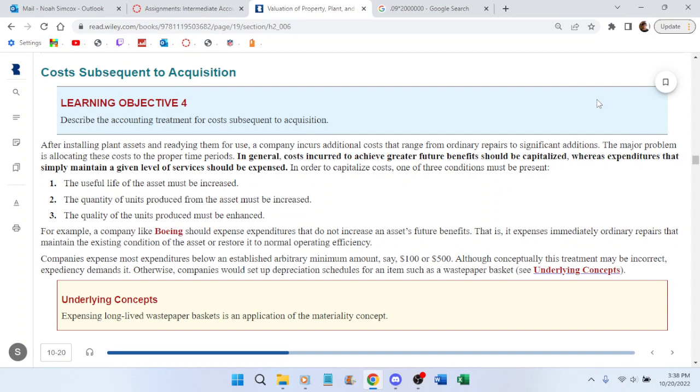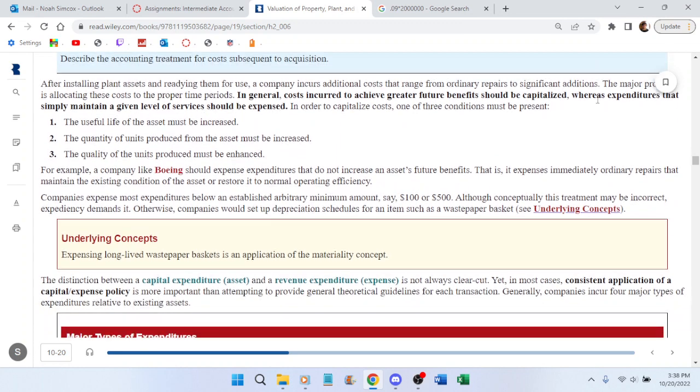You must have 3 conditions in order to capitalize cost. The useful life of the asset must be increased. The quantity of units produced from the asset must be increased. Okay, so only one of 3. It doesn't have to be all 3.